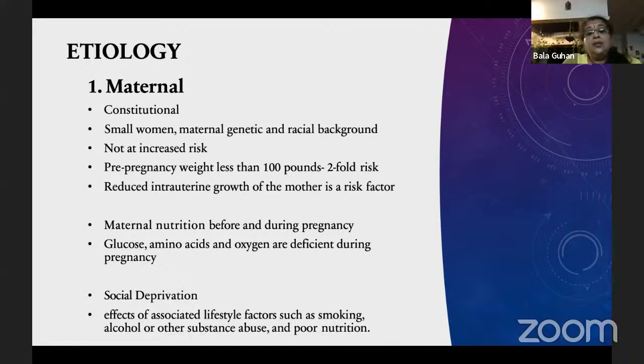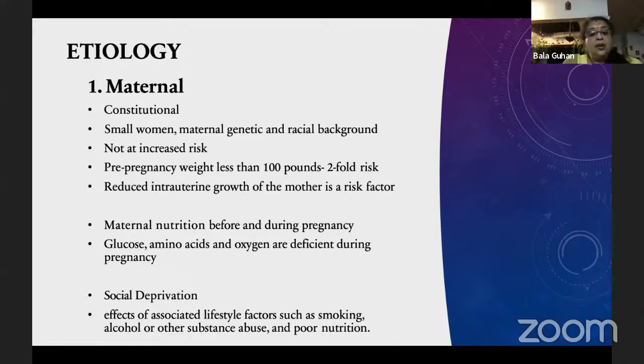So that implies the importance of adequate maternal nutrition during pregnancy. Glucose, amino acids, and oxygen, when deficient during pregnancy, can lead to growth restriction.